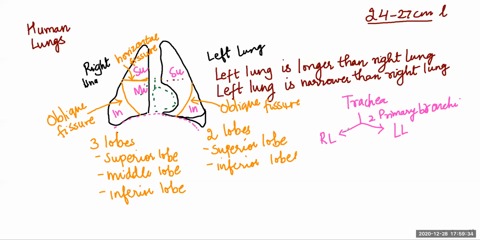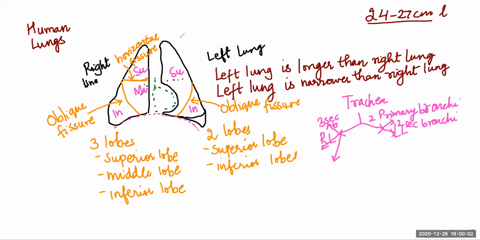I did this in the last class, but the two primary bronchi will divide into branches based on the lobes. So the right lung has three lobes, so there will be three secondary bronchi. And how many for the left? Two secondary bronchi. Okay?